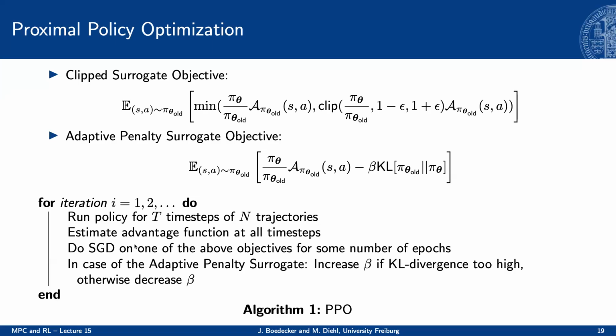You estimate the advantage function, so you have your V and you have your Q, and you do stochastic gradient descent on either of the objectives. If you use the adaptive penalty surrogate, then you also need to adapt this parameter beta: increase it if this KL divergence is too high, and otherwise decrease it. That's the whole algorithm for PPO.